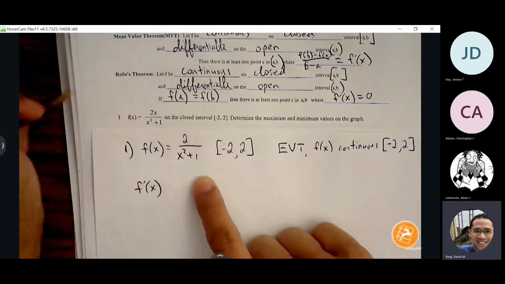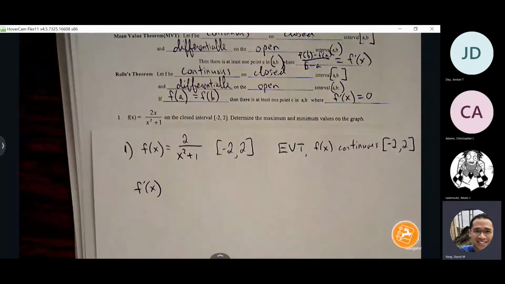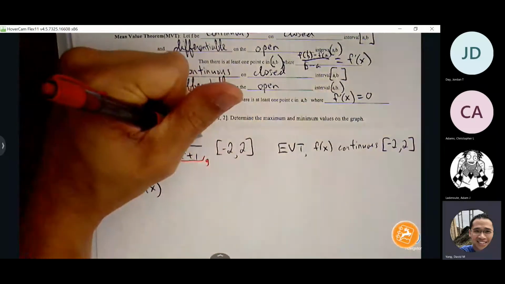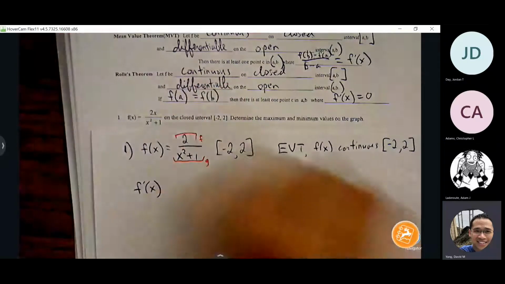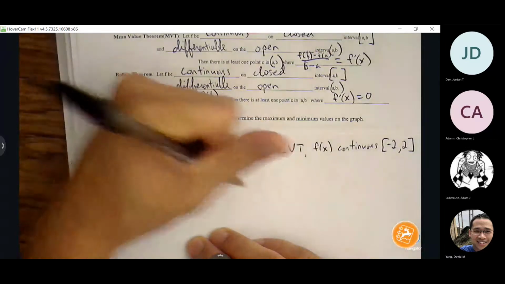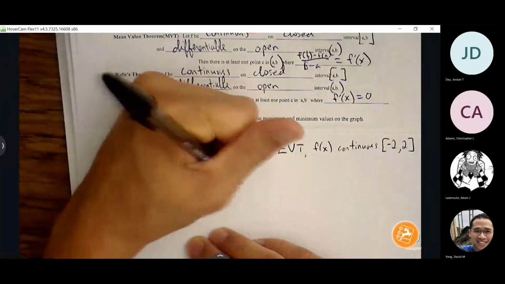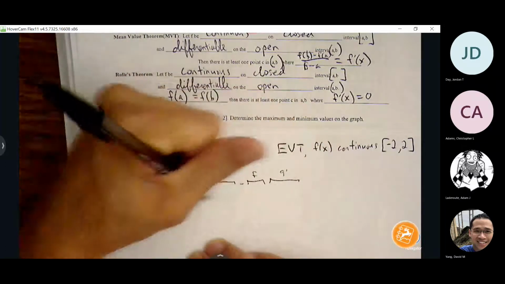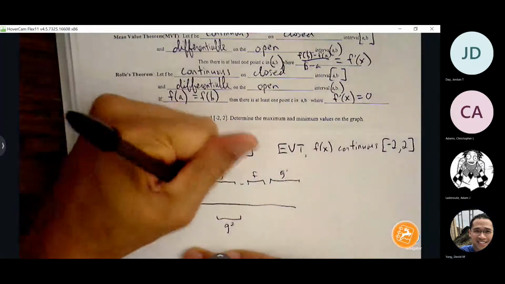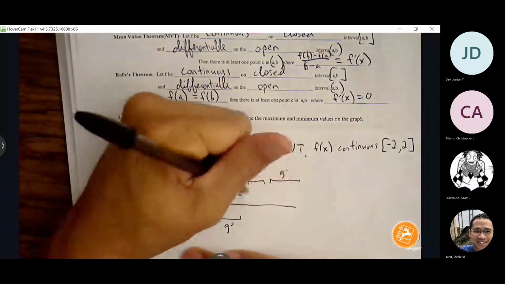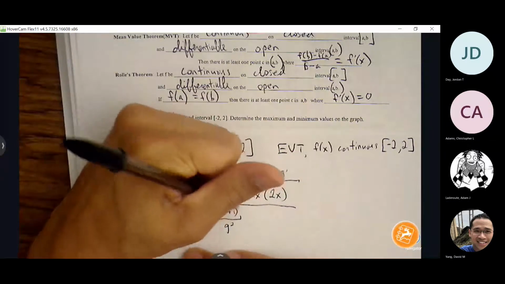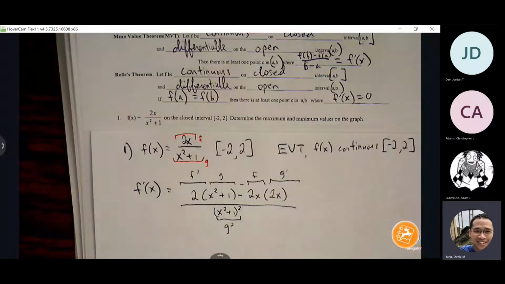This is quotient rule: f prime g minus f g prime all over g squared.